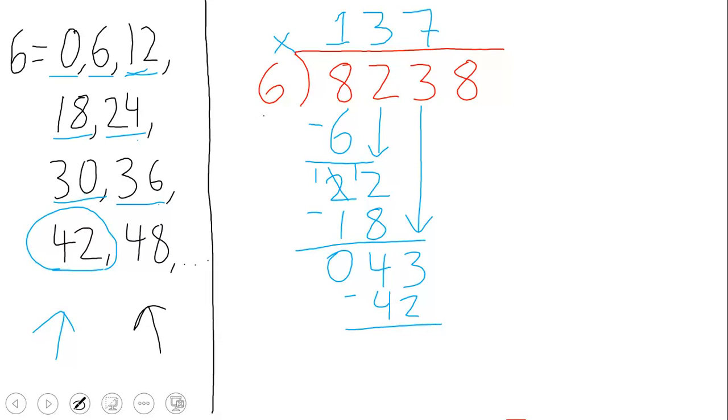Now we subtract. We say 3 minus 2 is 1, and 4 minus 4 is 0. You can choose to put it or not. Bring down the 8.